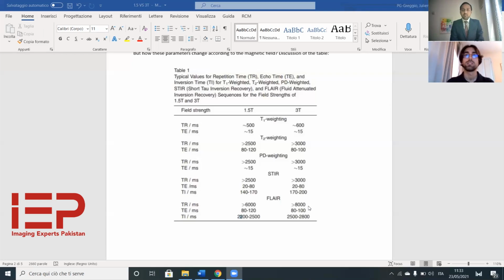So in short, if we talk about the TR in T1 and T2, what are the different ranges in 1.5 and 3 Tesla? Basically, as we see here, there is an average. However, I would probably exceed 700 for a T1 at 1.5, and maybe this parameter can be exceeded in 3 Tesla, which could range easily from 600 to 1000.